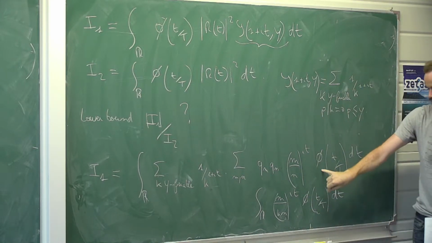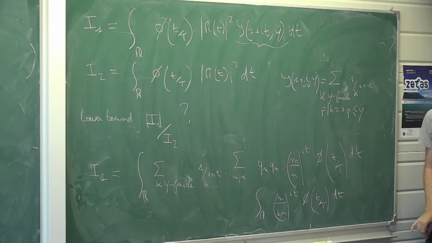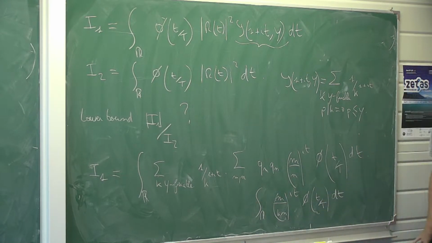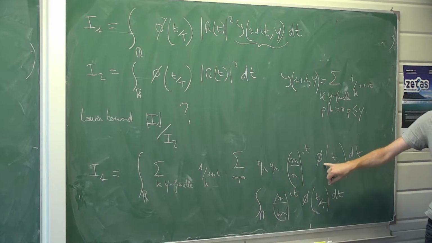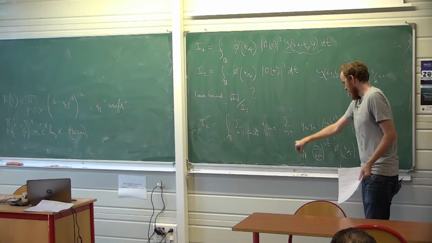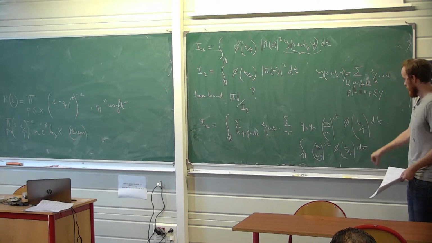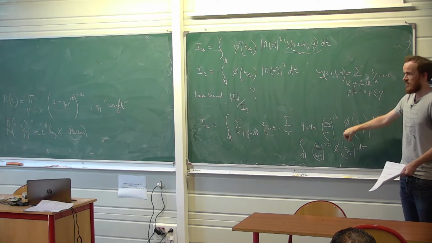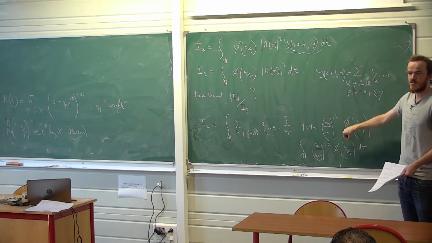times this nice function. If you don't want to evaluate exactly these integrals, you can assume more properties on your function here and deduce lower bounds of this I1. What we assumed is that the function that you put here to smooth has a positive Fourier transform.